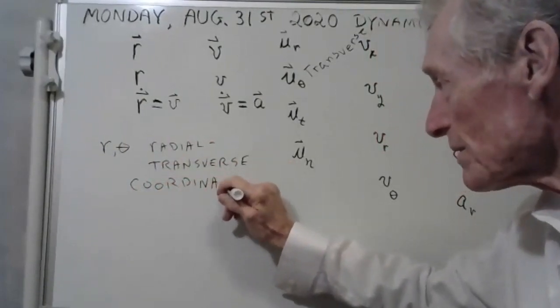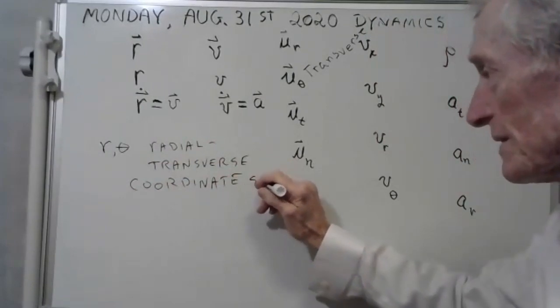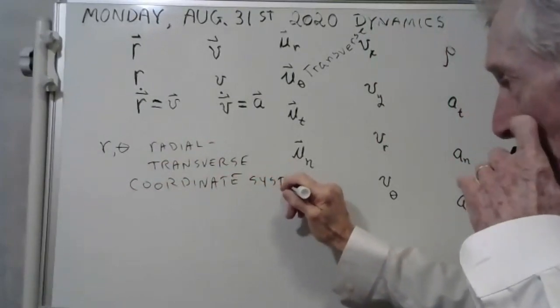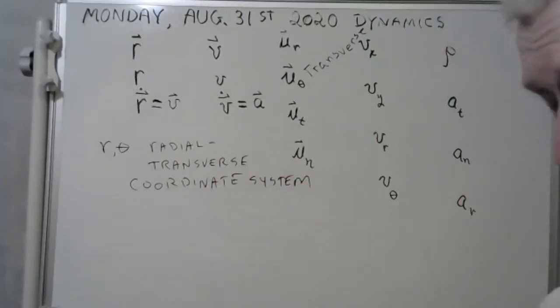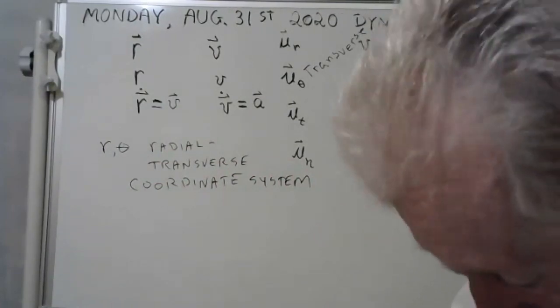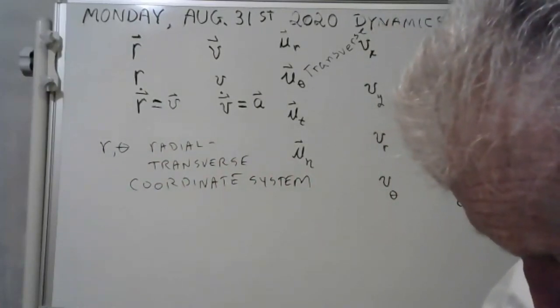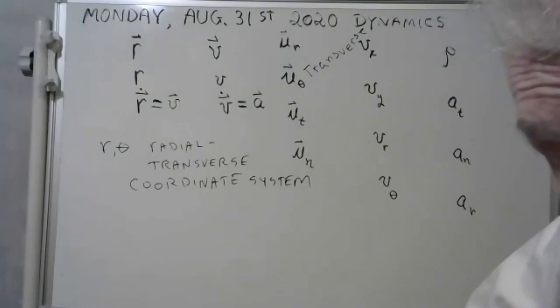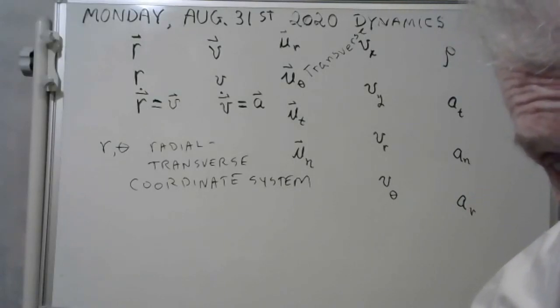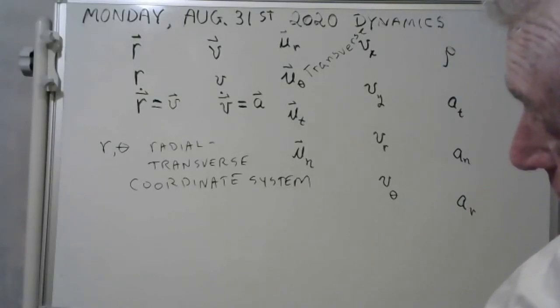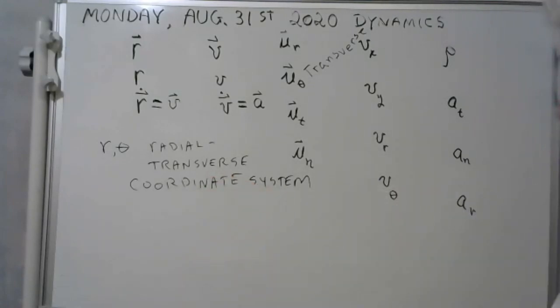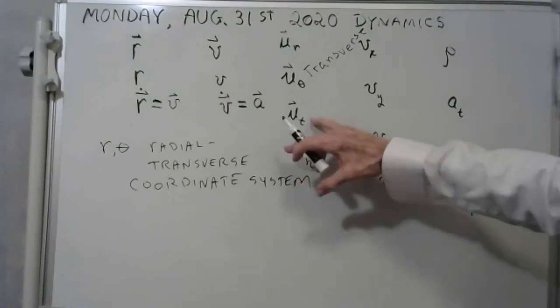That's the name of it. See, there's three systems that we use: X, Y, R theta, and NT. And that's the radial transverse. Now here's the NT.